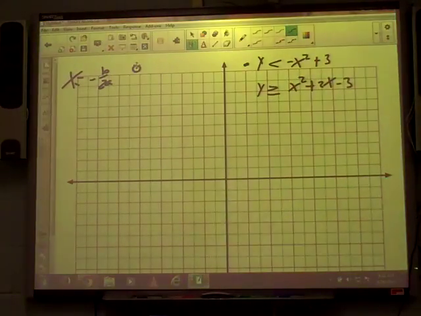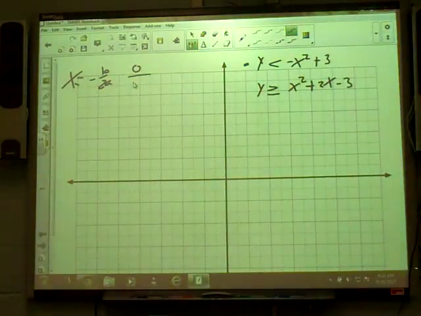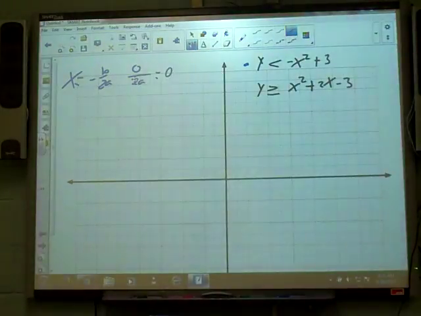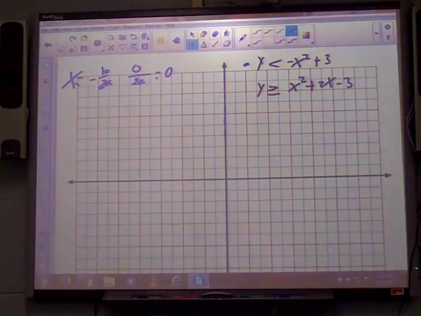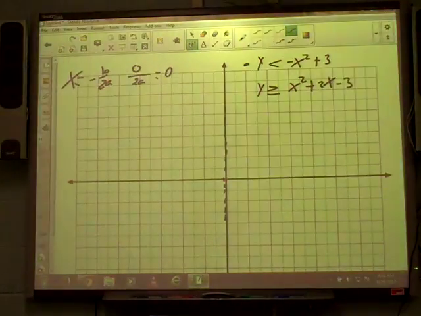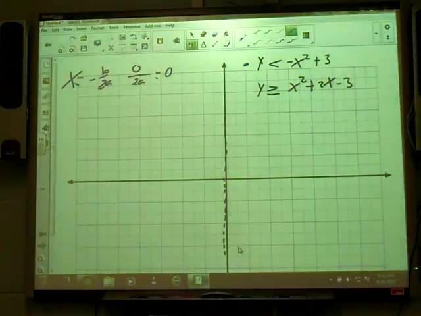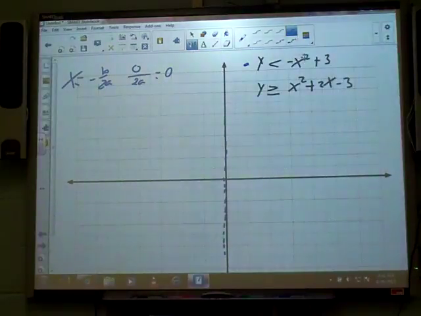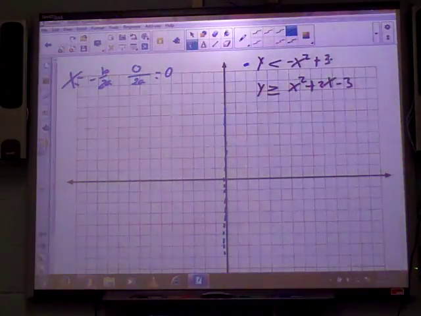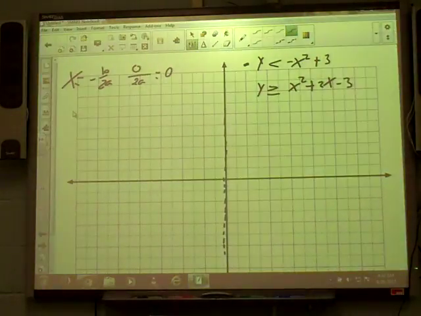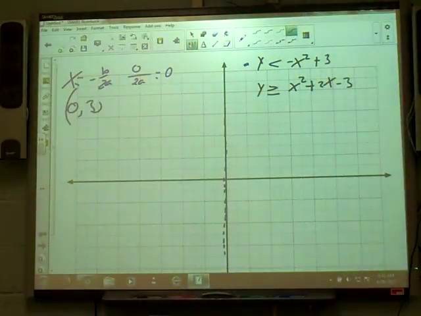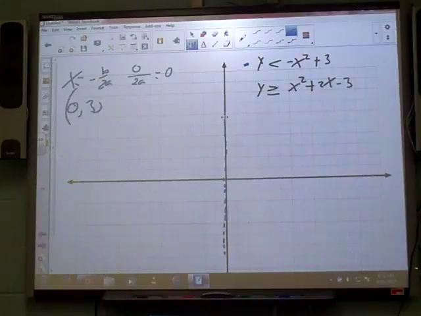So when I do 0 divided by anything, what do I get? 0. So my axis of symmetry on that first one is going to be at x equals 0, right there on that axis. Okay, now we plug a 0 back in to get our y. When I plug a 0 there, that's nothing, so all that's left is 3. So the vertex for my blue one is at 0, 3.